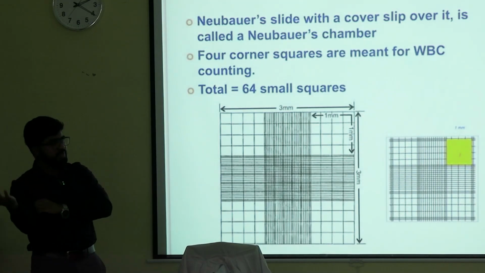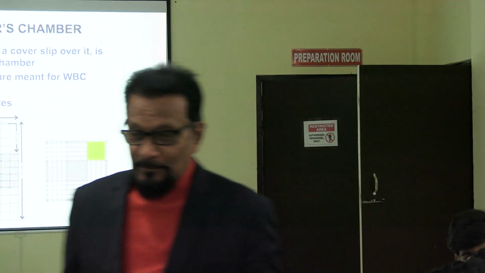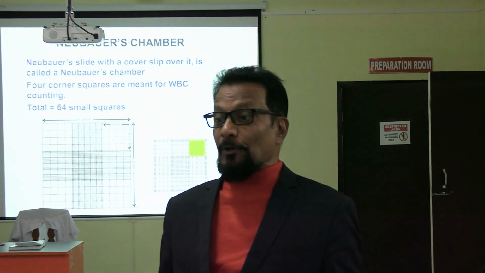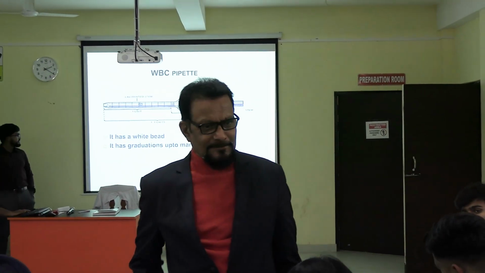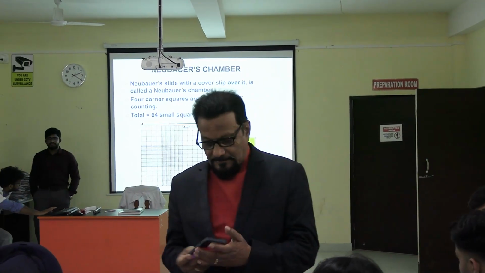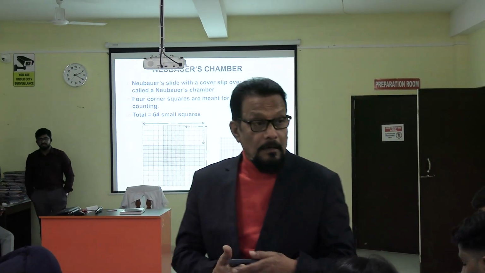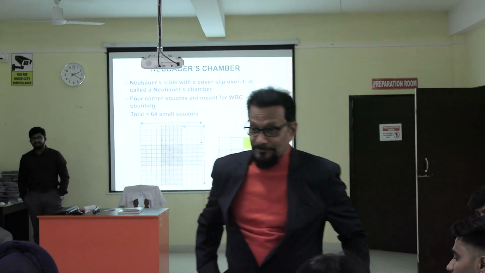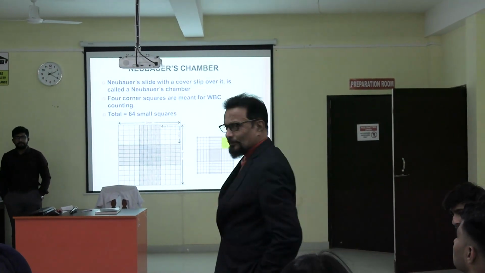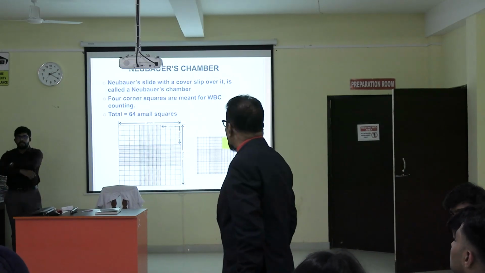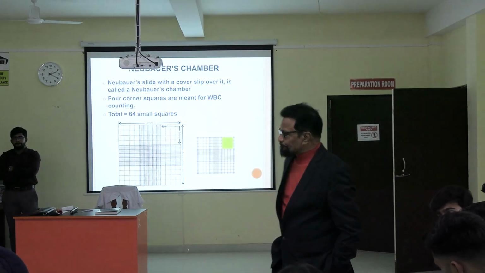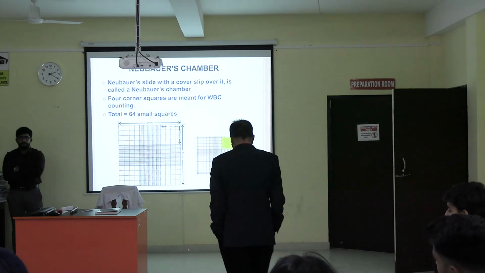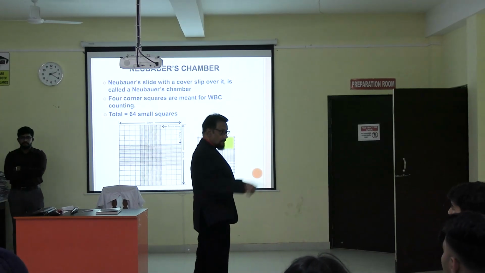So we can give you some exercise. I'll give you some problem solving. You can expect some questions in theory as well as in practical. This is one of the examples.